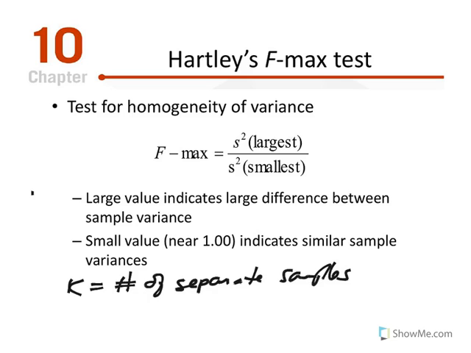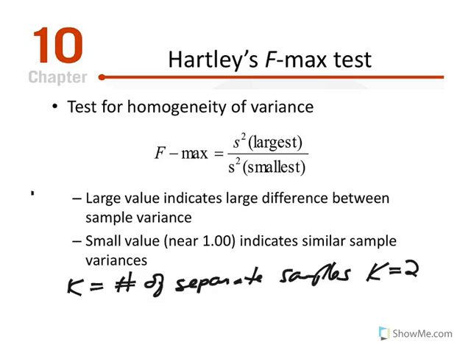And for a t-test of independent measures, k will always equal 2 because we have 2 independent samples. When we get to chapter 12, that k value will change because we'll be comparing sample means for multiple samples, usually more than 2, which is why it's different from the t-test process.